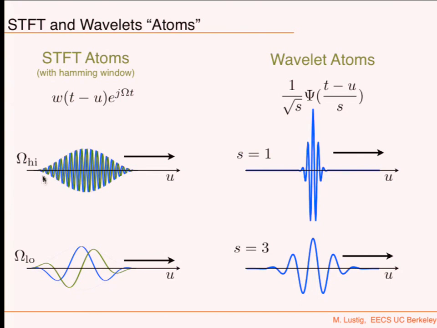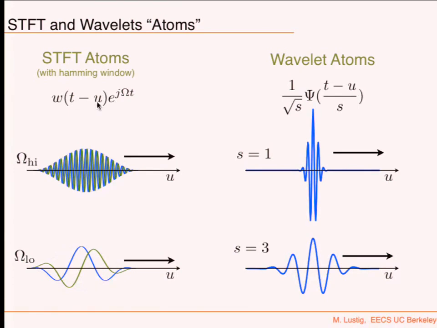It has a real and an imaginary component, each of them shifted by 90 degrees in phase. So cosine plus i sine, effectively. And so it's a windowed complex frequency, and this one is a high frequency. So it is finite in time because of the window.